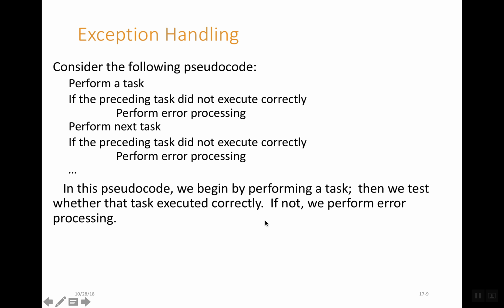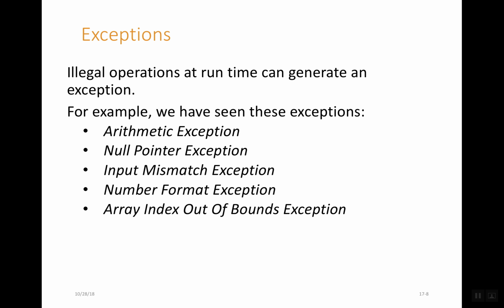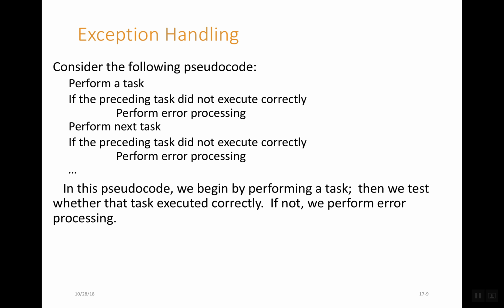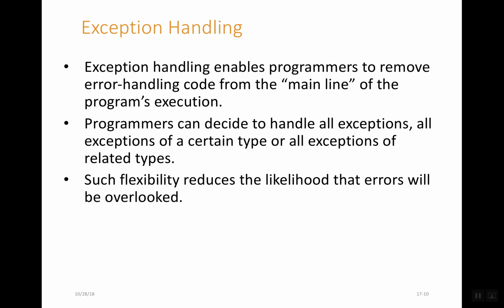If not, then we perform error processing, that means we do it in the catch block. Exception handling enables the programmer to remove error handling code from the main line of program execution. We will see these exception handling techniques soon.